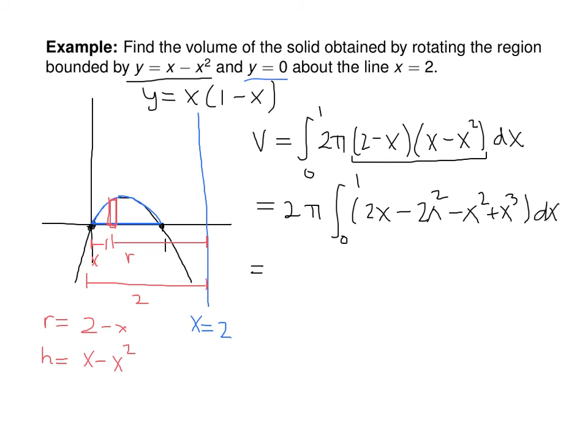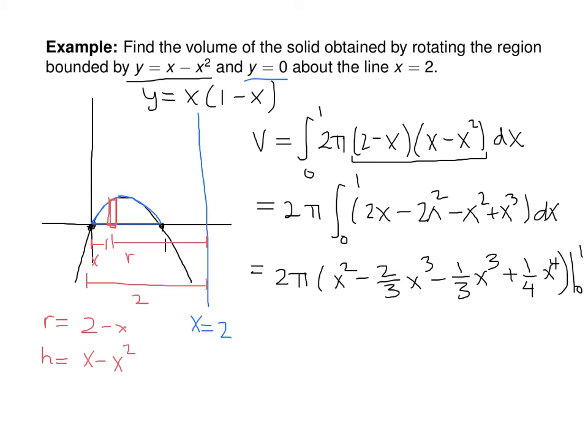And then anti-differentiate, and we have 2 pi times x squared minus 2/3 x cubed minus 1/3 x cubed plus 1/4 x to the 4th from 0 to 1. So that will be equal to 2 pi times (1 minus 2/3 minus 1/3 plus 1/4), or pi over 2.